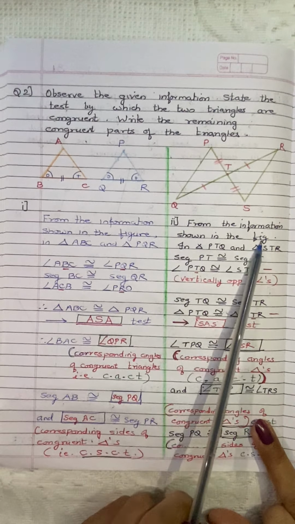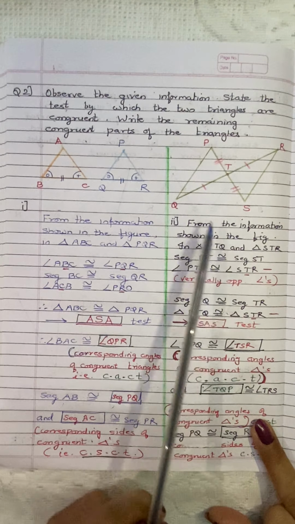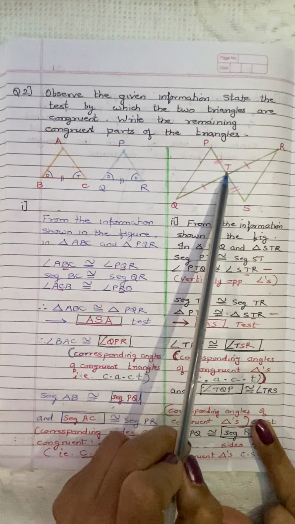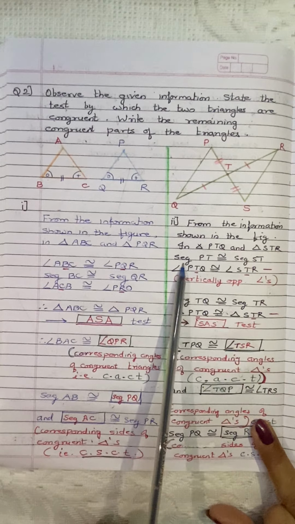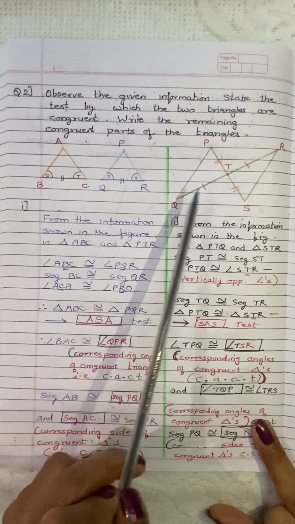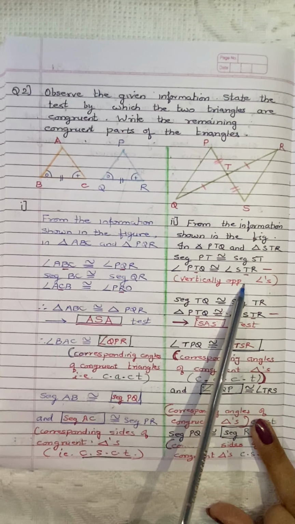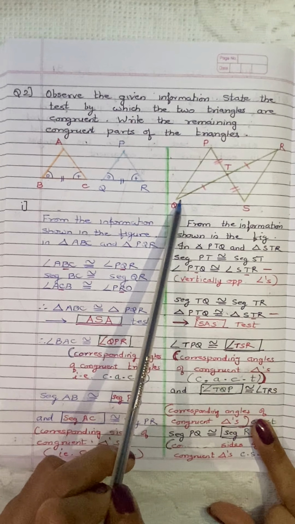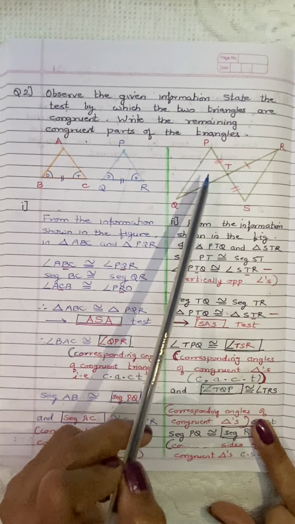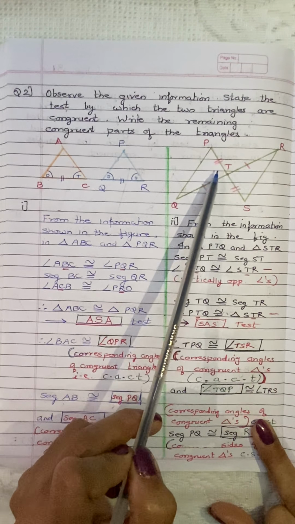From the information shown in the figure, in triangle PTQ and STR, segment PT is congruent to TS, segment QT is congruent to TR, and angle PTQ is congruent to STR. If you look at these two sides and the angle included by them, they are also equal because they are vertically opposite.